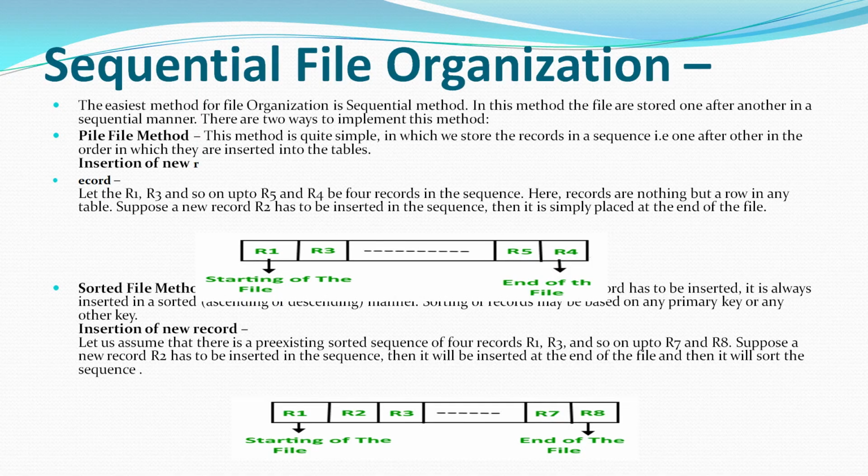In sequential file organization, as already discussed, the record is inserted at the end, by the help of the pile file method or the sorted file method. In the pile file method, the new record is simply inserted at the end of the file, while in the sorted file method, the new record is initially inserted at the end of the file and then gets sorted to its particular position.